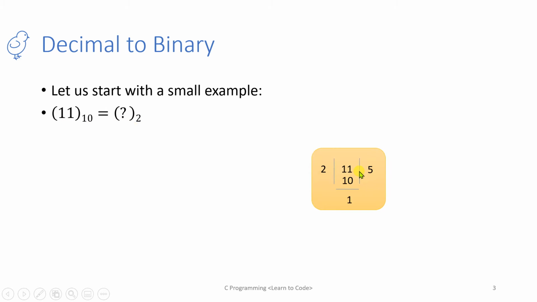So here it is 11, and when you divide it by 2, 2 5s are 10, and you get a remainder 1. The quotient after the division is 5. Then you have to divide this 5 again by 2.